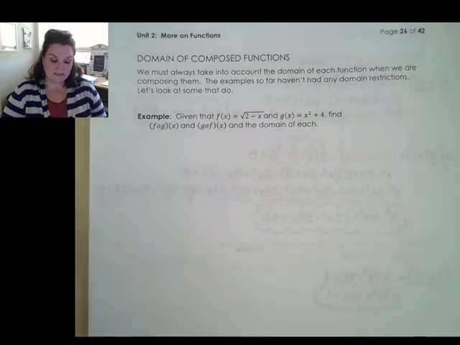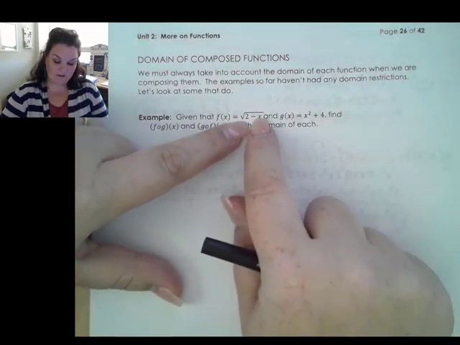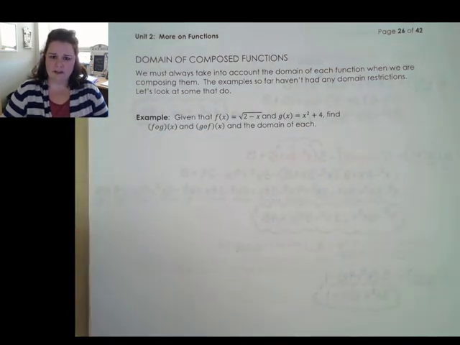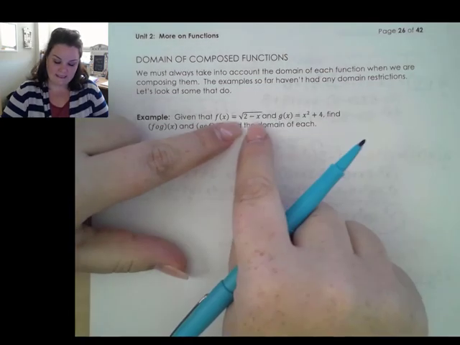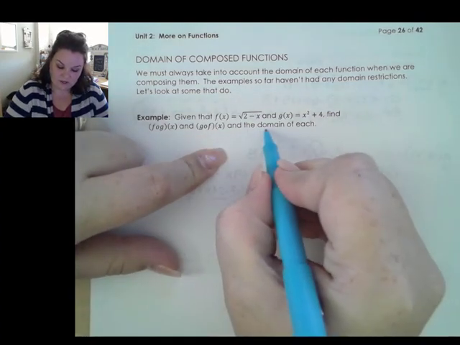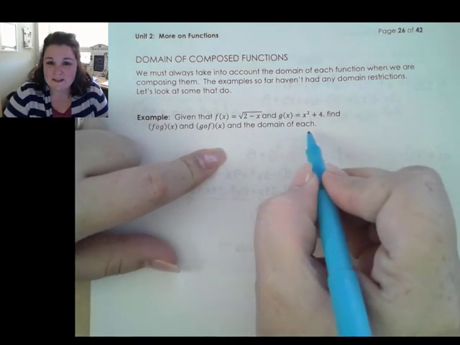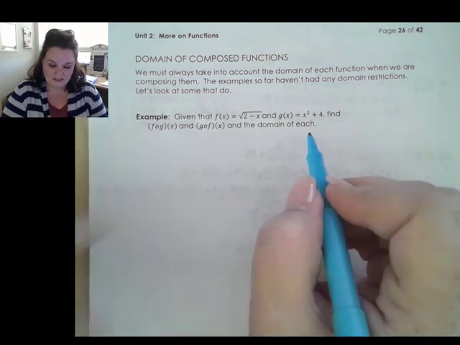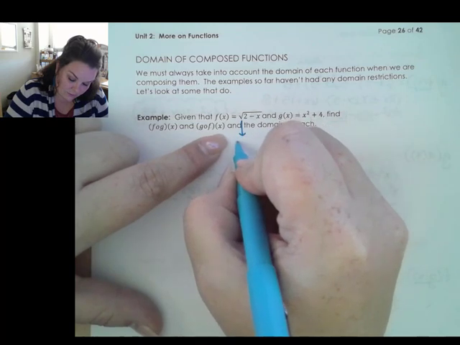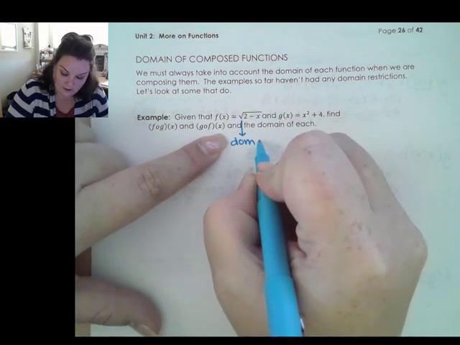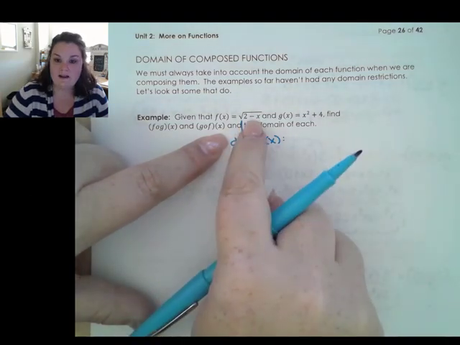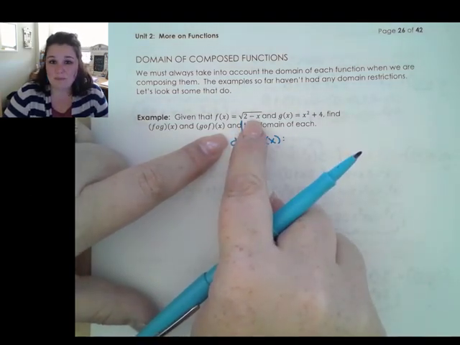Okay, so before we get started, I want to go ahead and just figure out the domain of each of these. So if I look at this f of x function, okay, I see that I have an even root, okay. So notice it says we're going to find the domain of each. Before we can find the domain of each of our compositions, we have to know what our starting domain is. So if I want to find the domain of f of x, okay, I know that whatever's underneath my radical can't be negative.